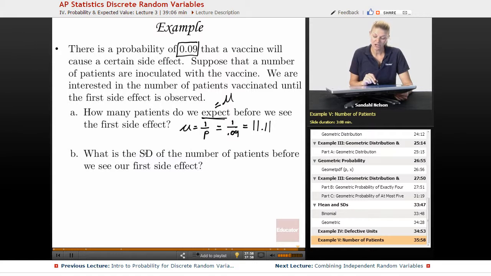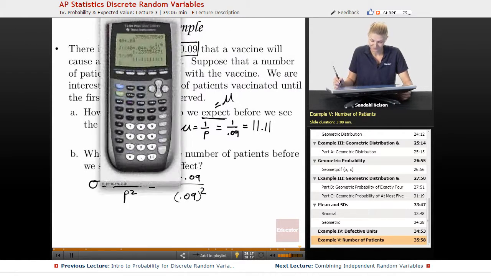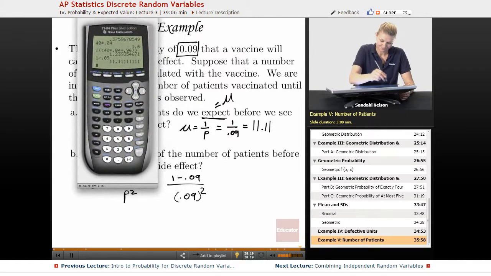So what's the standard deviation of the number of patients before we see our first side effect? So remember standard deviation. Okay, so let's put it in. So we have 1 minus 0.09 over 0.09 squared.